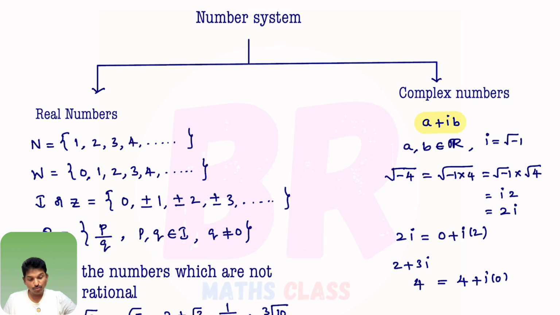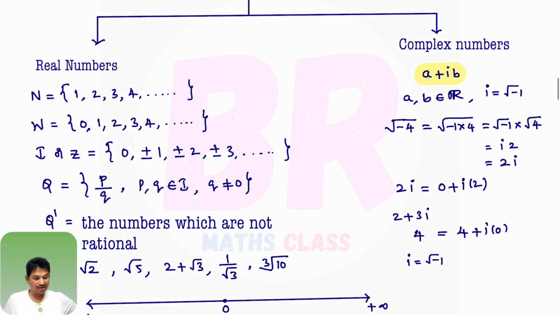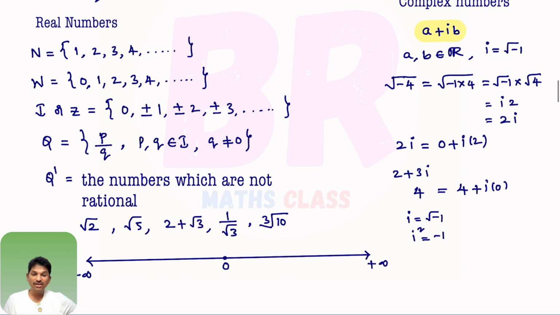And here a few points you need to know. We may use them suddenly. i is what? Square root of minus 1. i square is what? i square is minus 1. i cube can be written as i square into i. i square is minus 1, so minus 1 into i, that is minus i. i power 4 can be written as i square whole square. i square value is minus 1, and minus 1 whole square is 1.